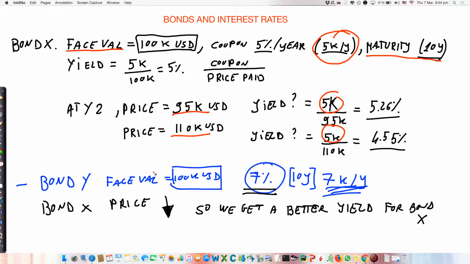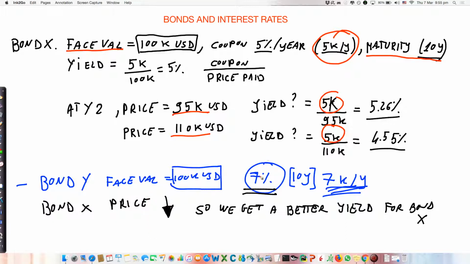And eventually, interest rates can affect the yield of the bond, the coupon that you get for new bonds, and this will also impact the price of the existing bonds. How? We have seen the example here, right? If a new bond is more interesting from the point of view of the yield, then in order to make an old bond comparable, we need to lower the price.